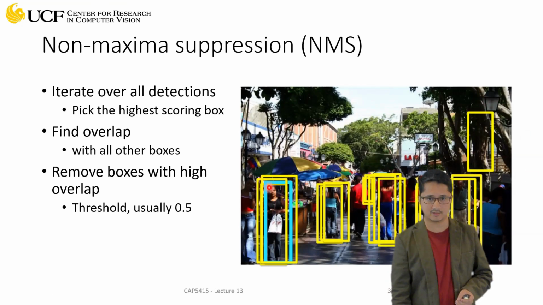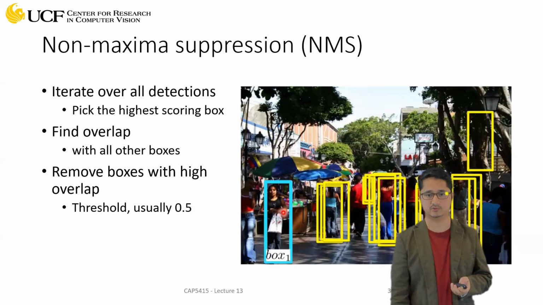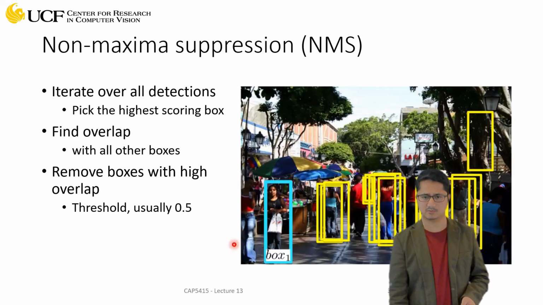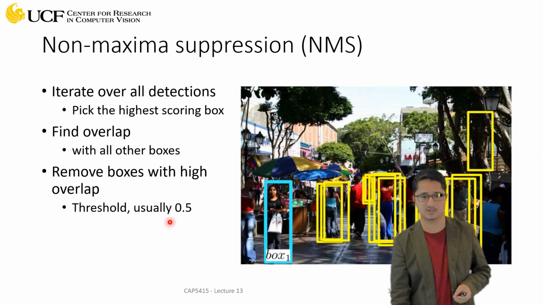But now if you look at these bounding boxes which are in the neighborhood, some of these will have to go away. And again, that will depend on whether the intersection over union is greater than 0.5 or not. If it's greater than 0.5, you will just remove those. If it's not, you will keep those. And it may happen that if two individuals are standing next to each other, you might have some kind of overlap between detections of those two bounding boxes, right? So in that case, we need this threshold.